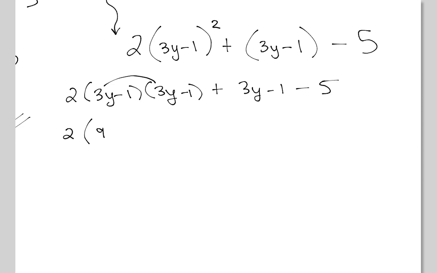We got a 9y squared. 3 times 3 and y times y. Take away 3y on the outside. Take away 3y on the inside. And then on the last is a positive 1.